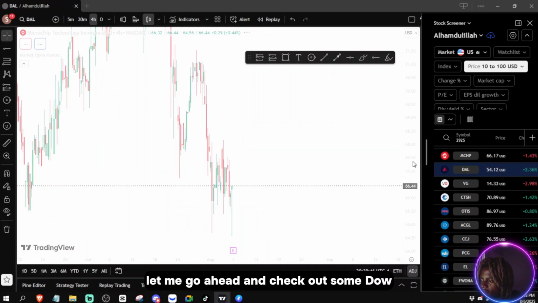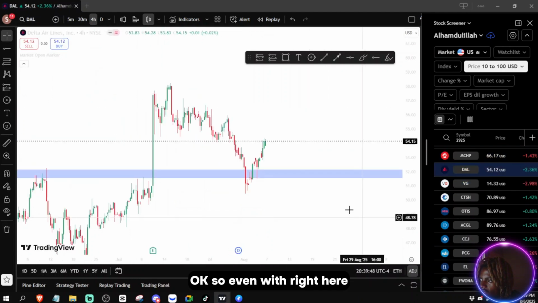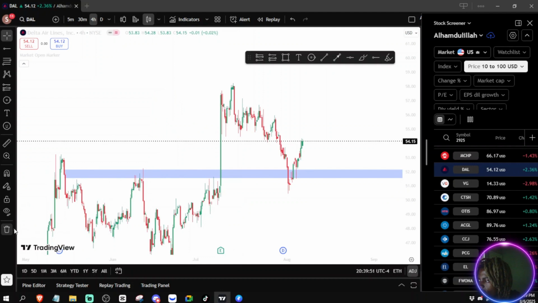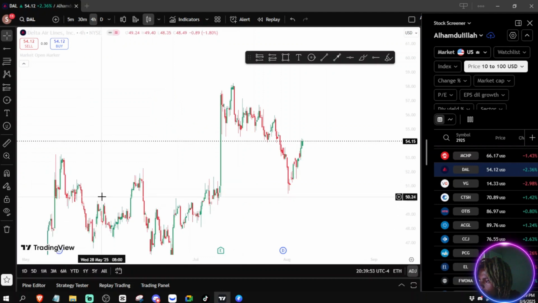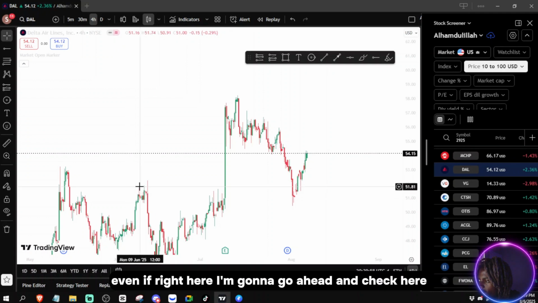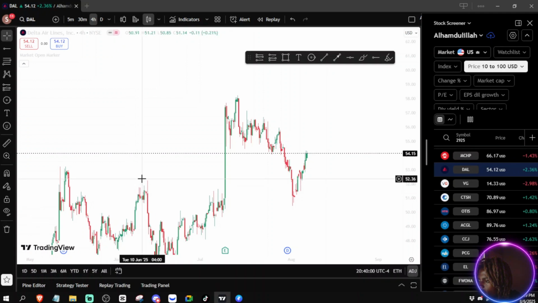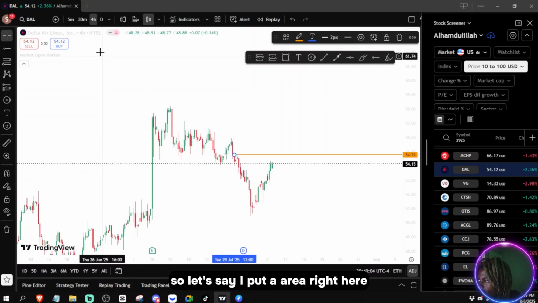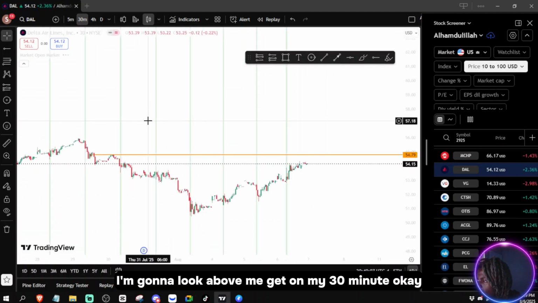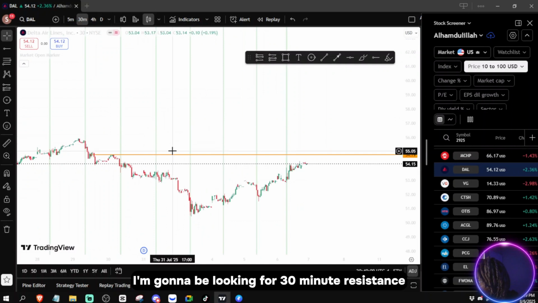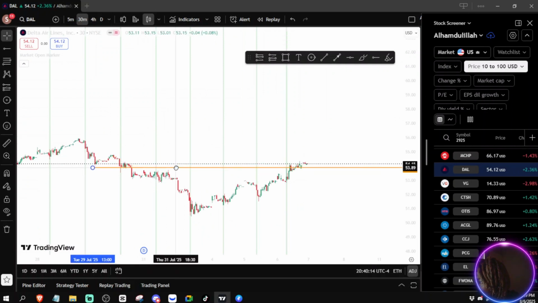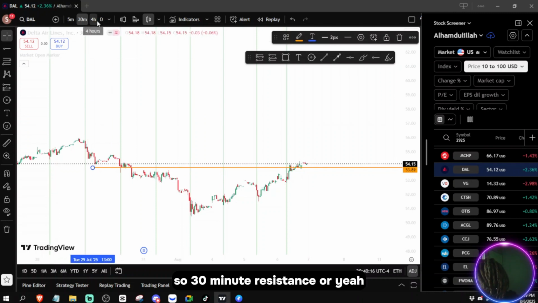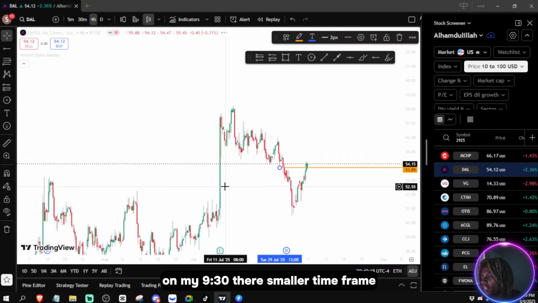Let me go ahead and check out some Dow. So even with right here, I'm going to go ahead and check here. So let's say I put an area right here. I'm going to look above me, get on my 30-minute. I'm going to be looking for 30-minute resistance on my smaller time frame, on my 930 there.